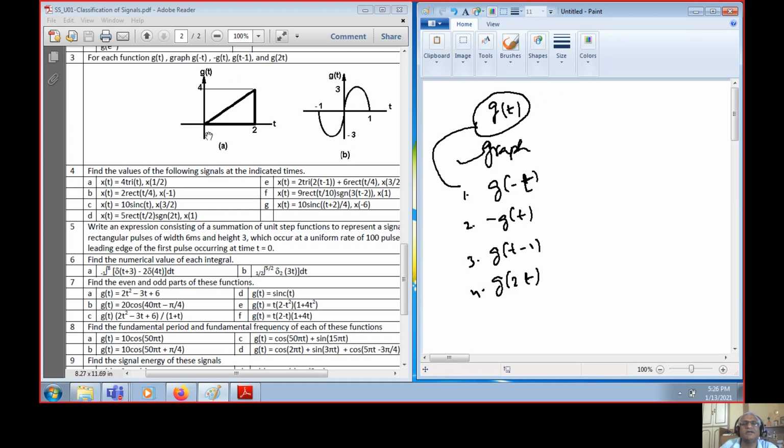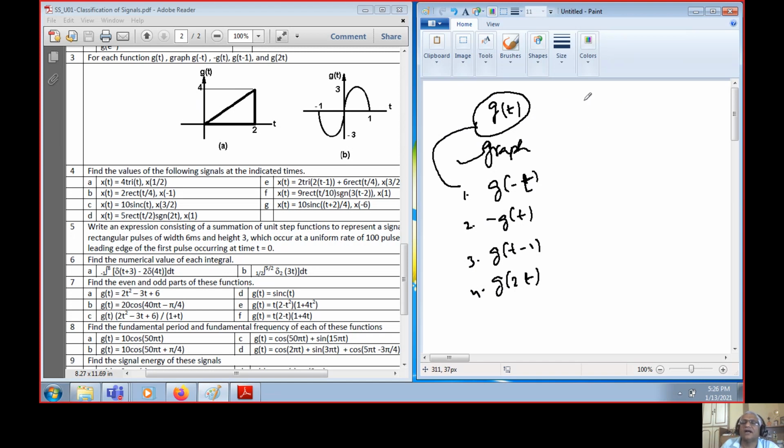Here you can see A and B. That means these are two separate problems. For problem A, we are given g(t), and we have to plot g(-t), -g(t), g(t-1) and g(2t).